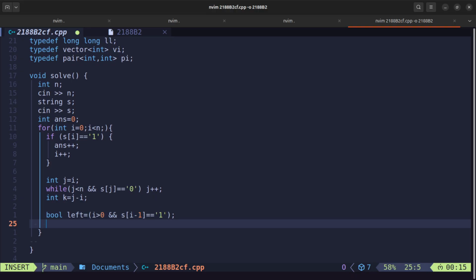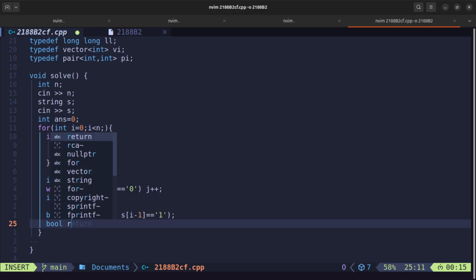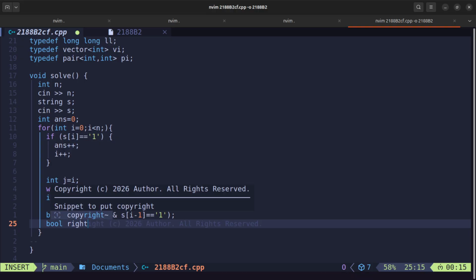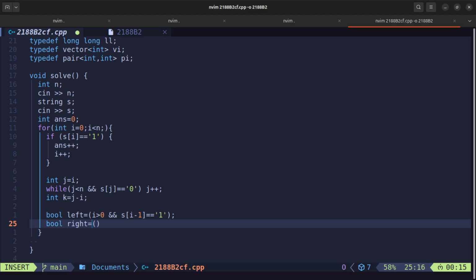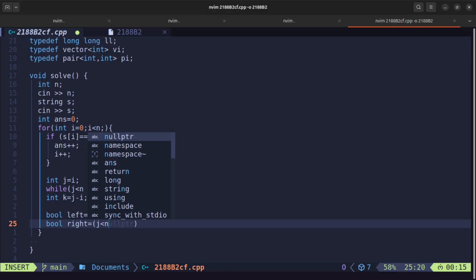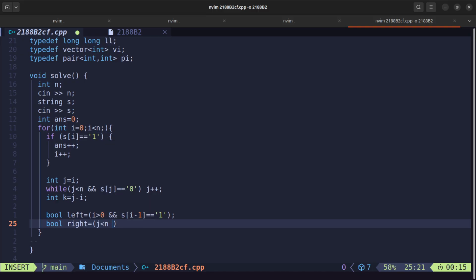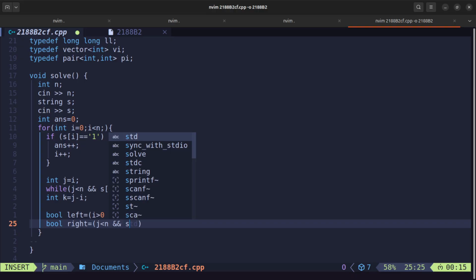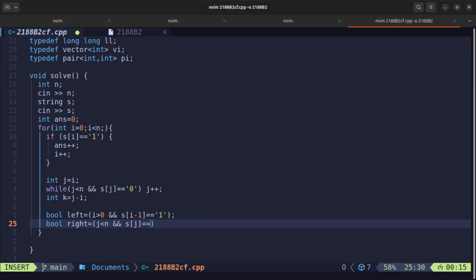Same for bool right, which is equal to j is less than n and s[j] is equal to 1. Yes, it's correct.